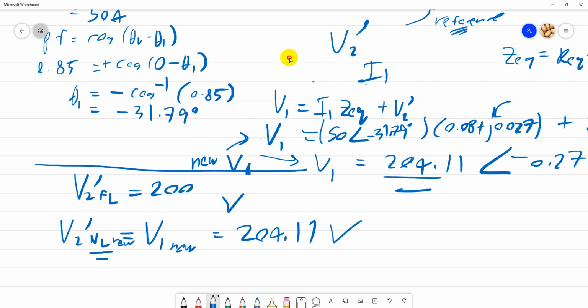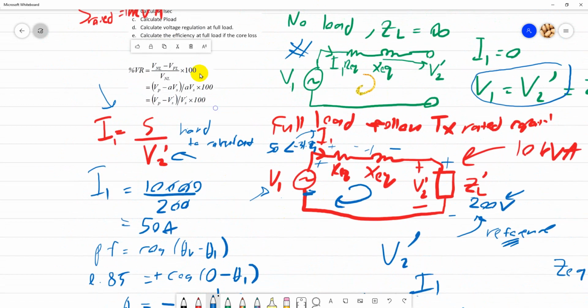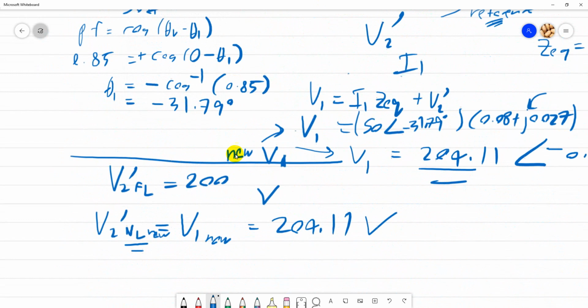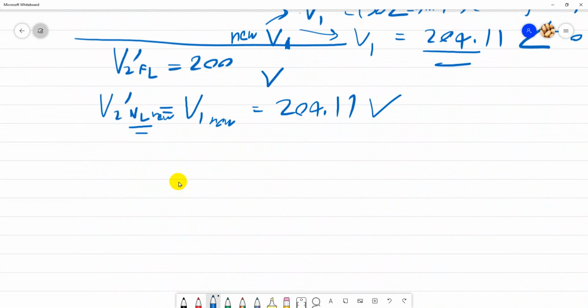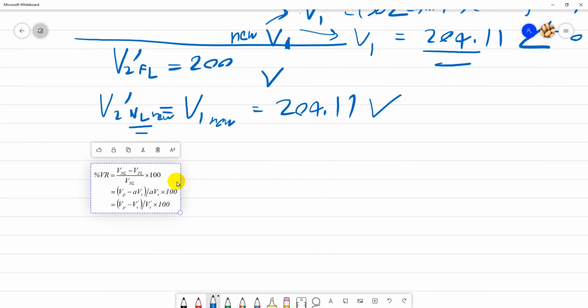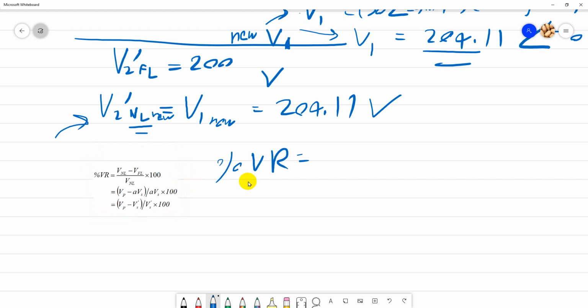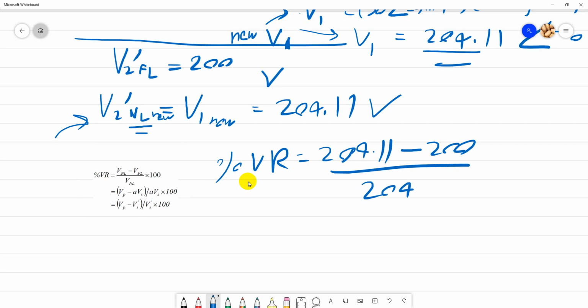So refer back to the formula. Copy this. You already have this value, and then you just use it. So percent VR is equal to V no load, 204.11 with no angle, minus V full load, which is 200, divided by no load, 204.11, multiplied by 100.